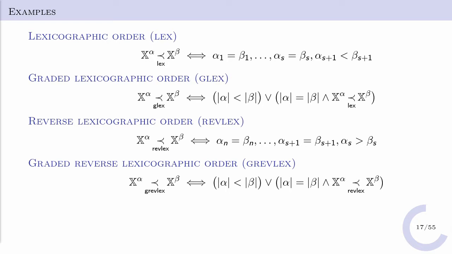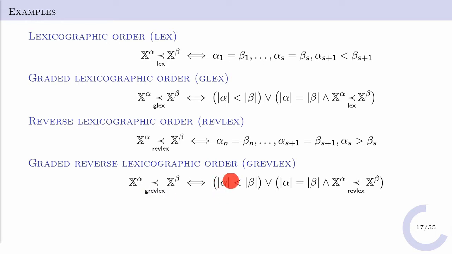And GREVLEX is related to REVLEX in the same way as GLEX was related to LEX. Namely, first of all, we look at the total degrees. If the total degrees differ, then the monomial with a smaller total degree is considered to be smaller with respect to GREVLEX.